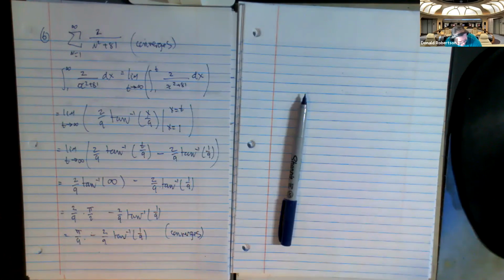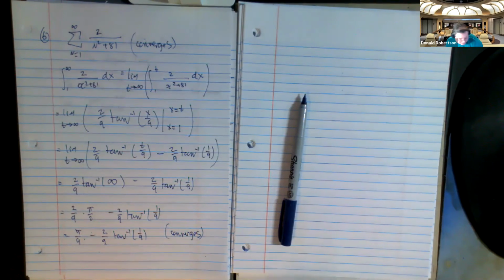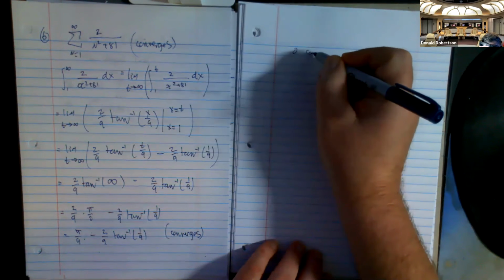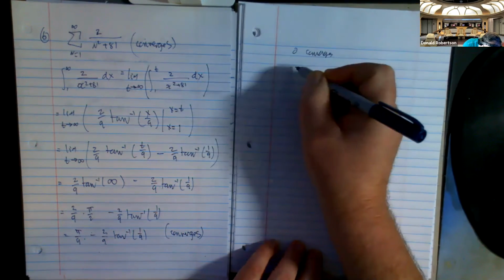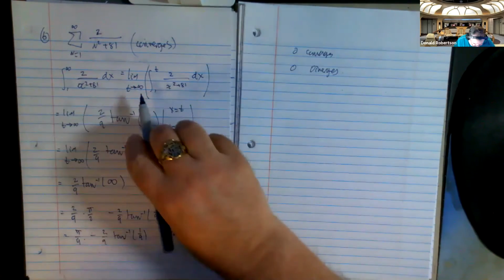Imagine I gave you, I'm not promising I'll do this, but I will give you a question in your test on the integral test, that's pretty much certain. But imagine I gave you this one. In WebAssign, it's just going to have a circle converges and another circle diverges. And you have to pick the right one.